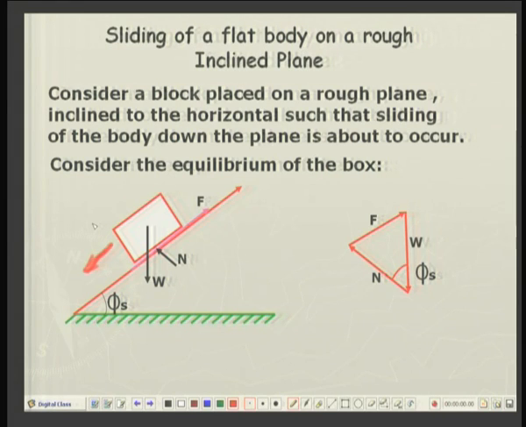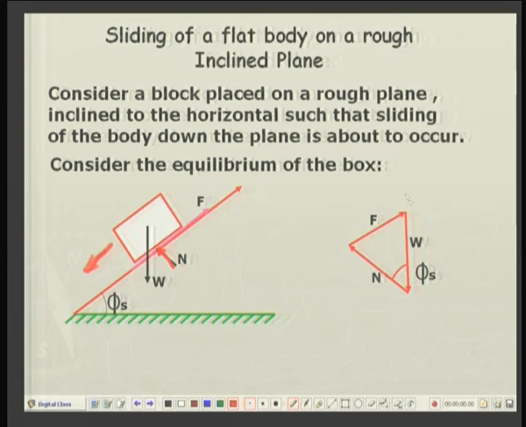So, at that stage, let us see the triangle law of forces for equilibrium. There is a downward force of W, there is a force N, the normal reaction, which is normal to the surface over here, okay. And then there is a force of friction F which is along the plane of contact.